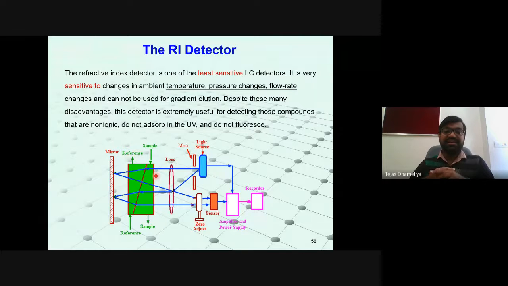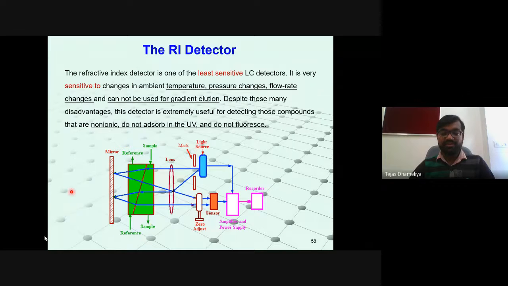So this is highly used. This is a schematic diagram on your screen where a light source passes through the slits, through our sample flow inlet and flow outlet.